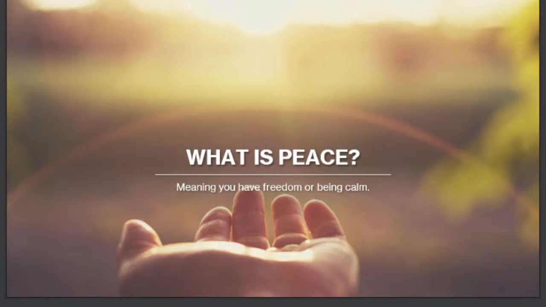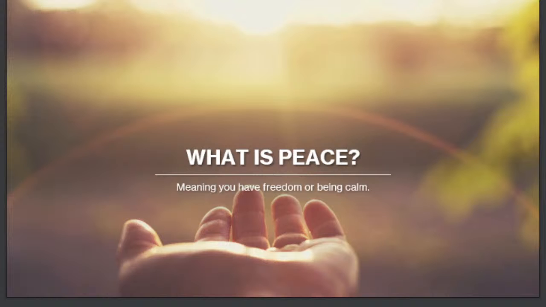God wants us to have peace because He wants us to have freedom in His world, and to be calm to one another, and to stay calm around the Lord. If you don't stay calm, you'll become impatient, and the Lord doesn't want that.